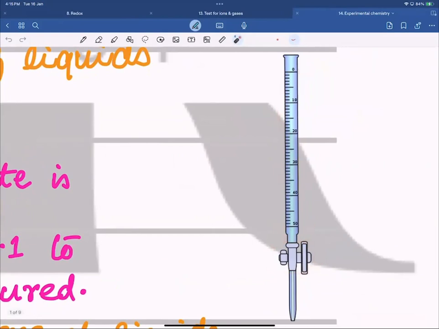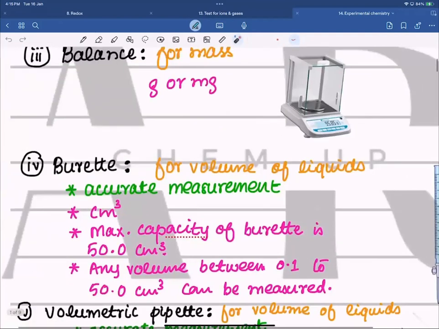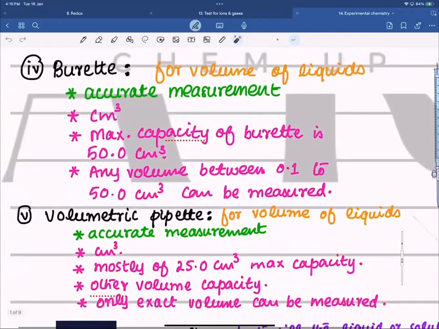If I want to add 11.1 centimeter cube, for example, I can easily add it from 0 till 11.1, and there I will stop from the tap. So normally burettes have a maximum capacity of 50 centimeter cube, and we can measure any volume from 0.1 till 50.